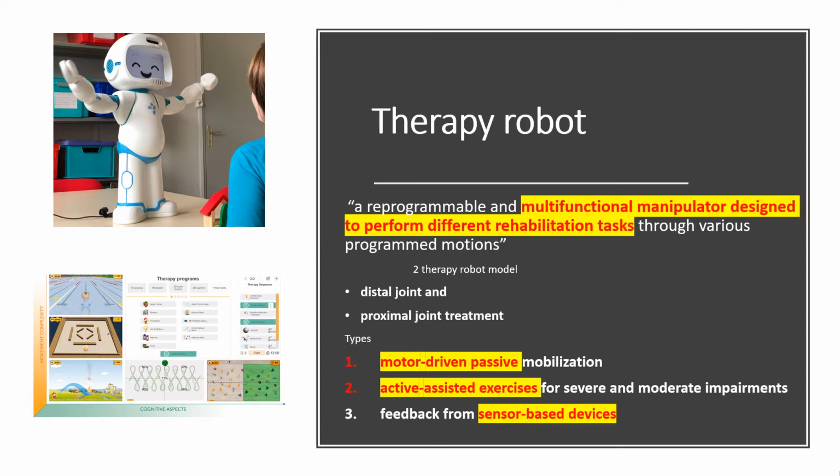It can be distal based or proximal based. The various types of devices can be either driven by motor with passive mobilization, or it can be active and assisted exercise where it can detect the amount of movement to augment or to provide resistance to increase motor power, and through sensors it can provide feedback to the patient and to the therapist in terms of the performance of the task.